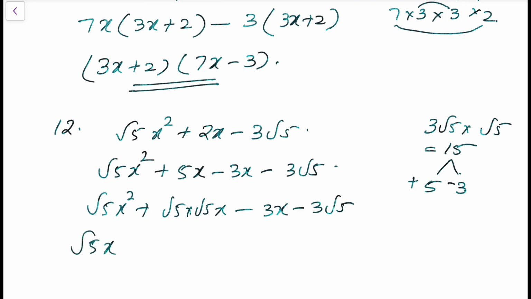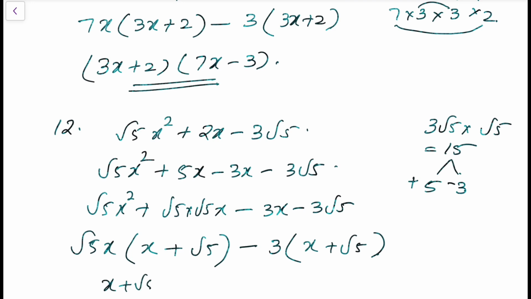Now you can take root 5 x out, you will be left with x and 1 root 5, minus of, take the 3 out, x plus root 5. So, x plus root 5 into root 5x minus 3.